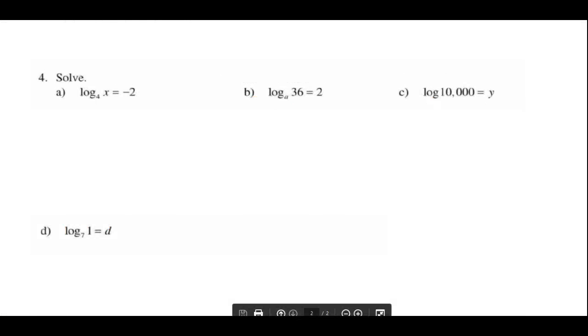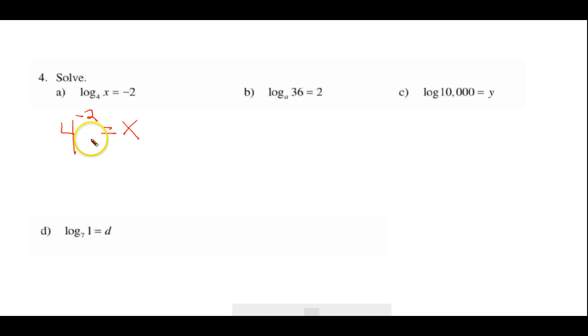Okay, now we have some equations where we're asked to solve for x. So again, putting it into that exponential form may be useful. We have our base 4, our exponent is a -2, and that's going to equal our answer x.